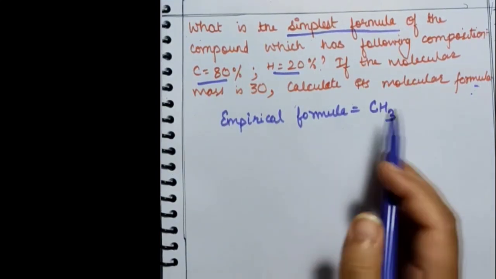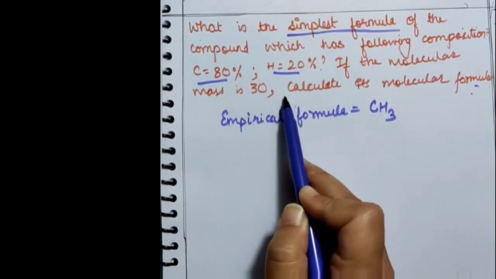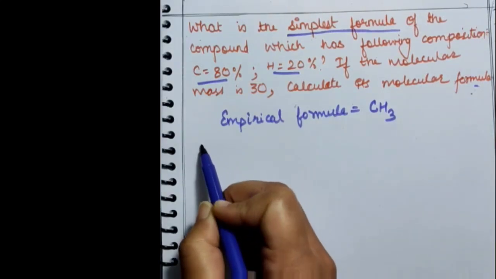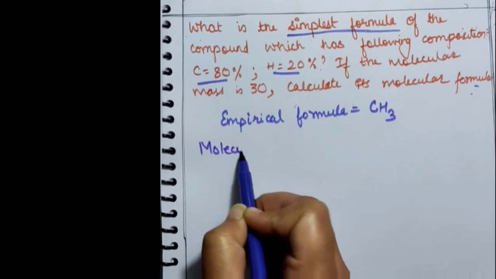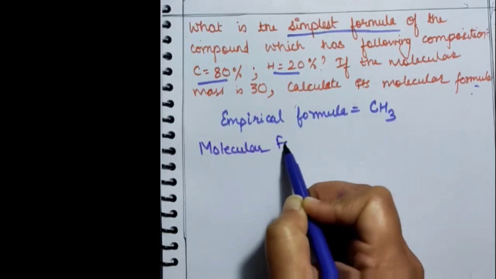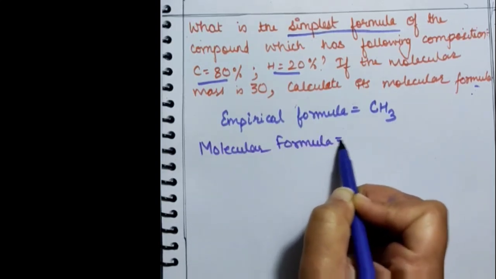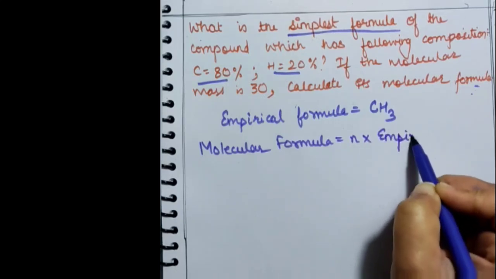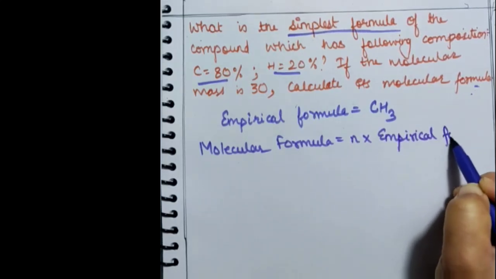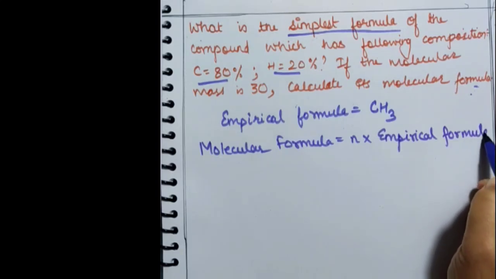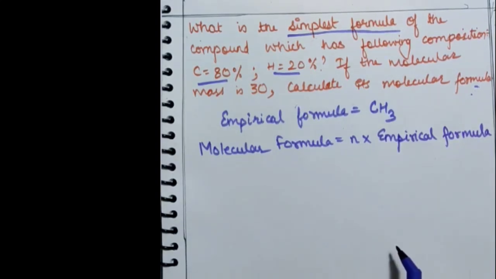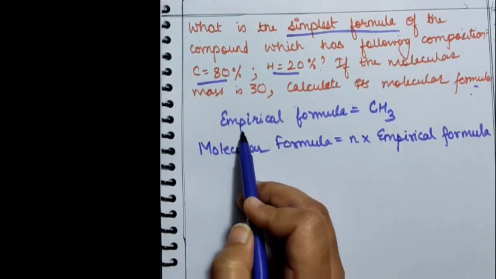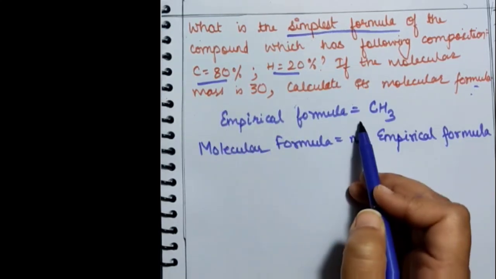Now, read the second part. If the molecular mass is 30, calculate its molecular formula. In part 1 of the video, I explained that the molecular formula is a multiple of the empirical formula by a factor of n. Right? So here we have the molecular mass and we can find out the mass of the empirical formula.